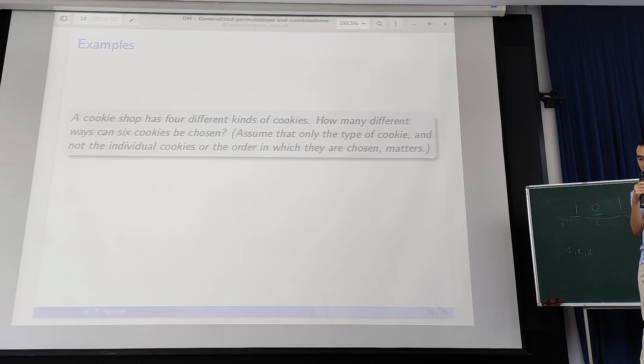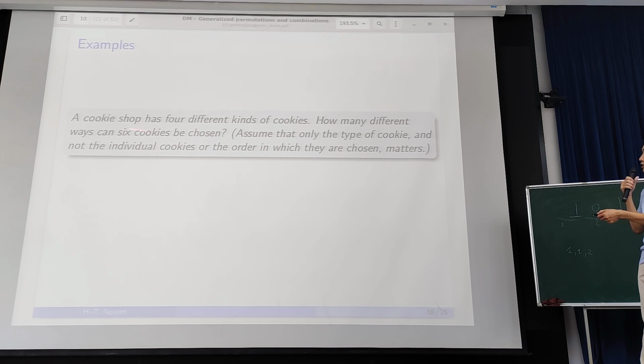In other words, what can be repeated? The type of cookies can be repeated. That means that in our previous setting, what can be repeated are the boxes. So the kind of cookie can be repeated. So N is 4 and R is 6.